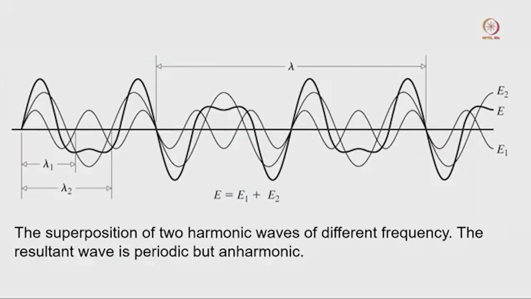Okay, there is another example. Here we are considering only two waves and in all the cases those are periodic forms, there is no change. Now there are two waves.